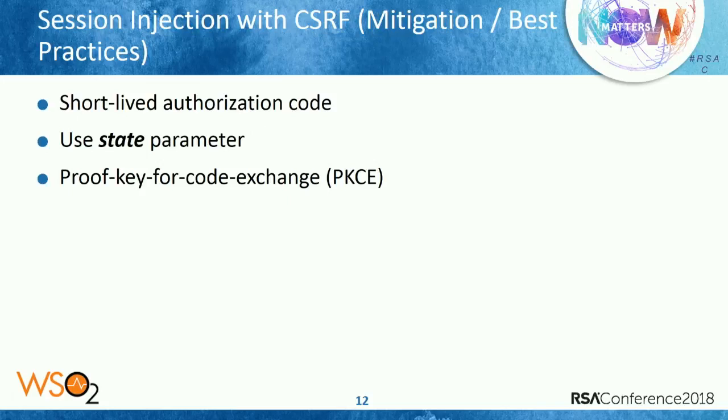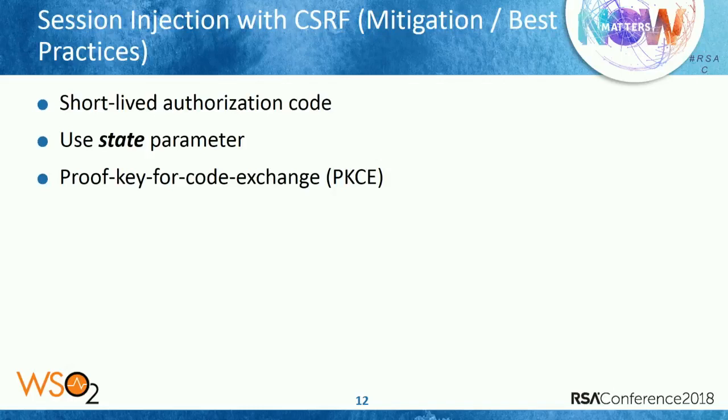Then you hash this code verifier, and this hashed code verifier is known as the code challenge, right? Now when you redirect the user from the client application to the authorization server, you send this code challenge. The authorization server will issue an authorization code, and also it will store the issued authorization code against the code challenge at the authorization server side, right?